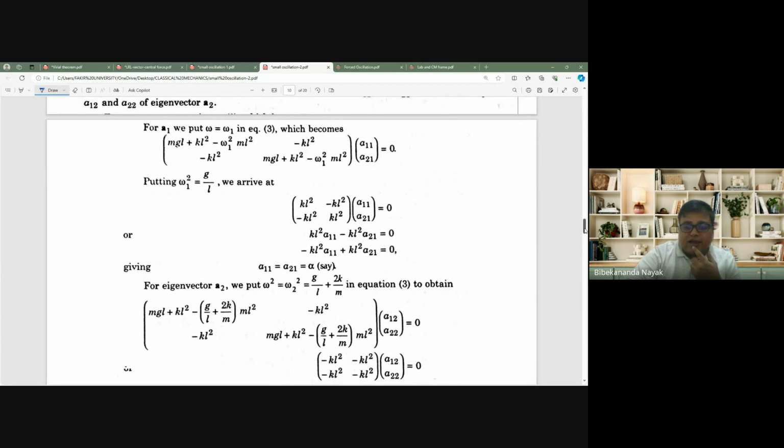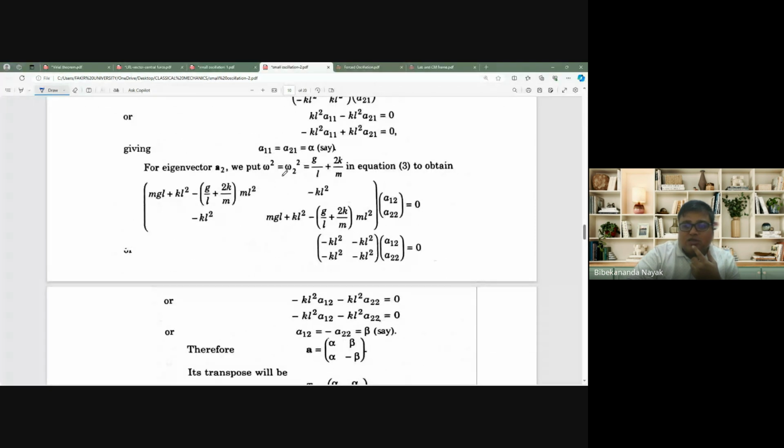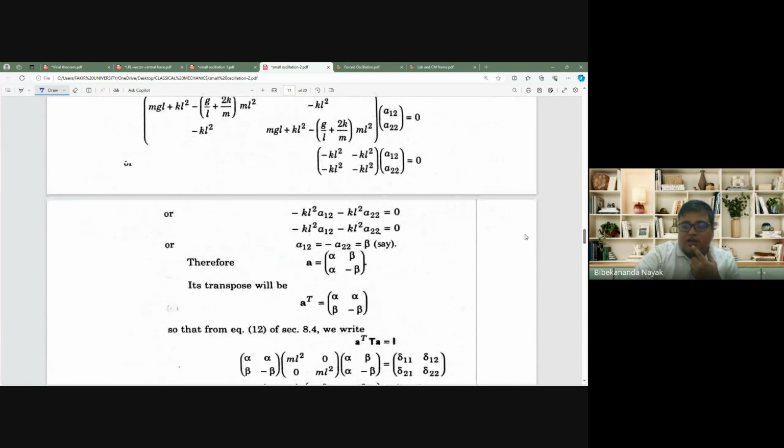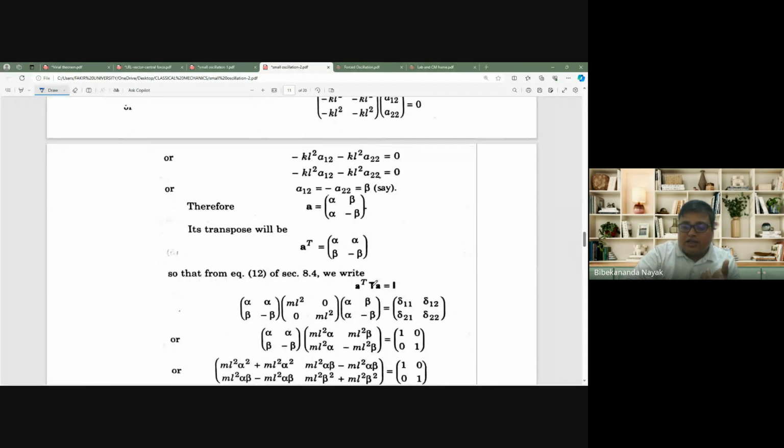Again for omega 2, we multiply with the second column, a12 and a22. From that we get a12 equal to minus a22. The two are alpha and beta, alpha and minus beta. But how do you get the alpha and beta values? Use the condition A transpose A is equal to identity.